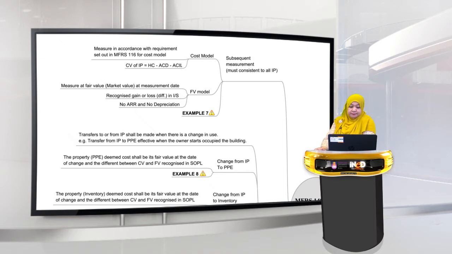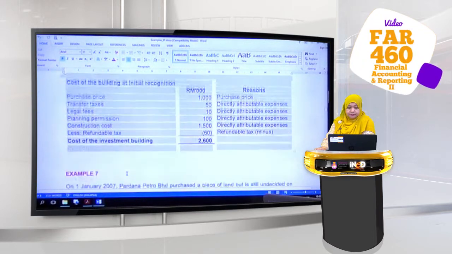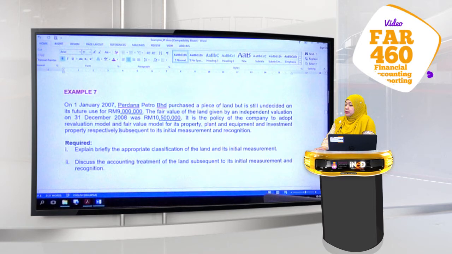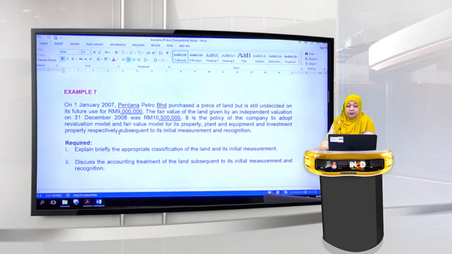Okay, we look at example number 7. On 1st January 2007, Perdana Petro Berhad purchased a piece of land but still undecided on its future use for 9 million. The fair value of the land given by the independent valuation on 31st December 2008 was 10.5 million.